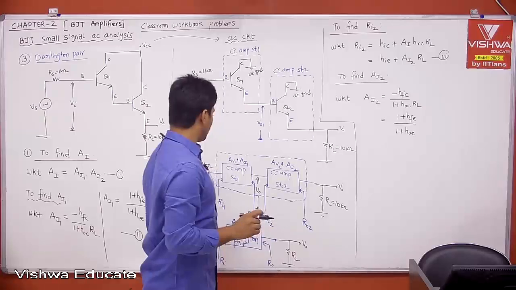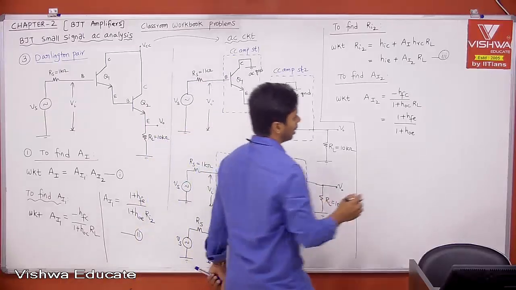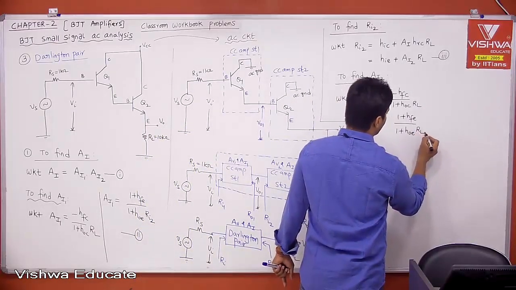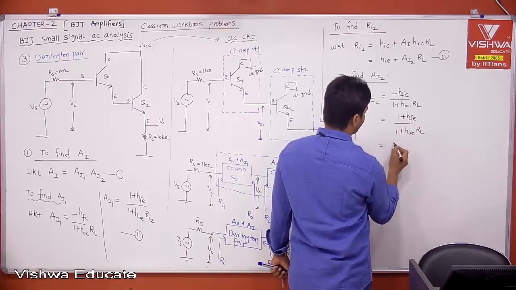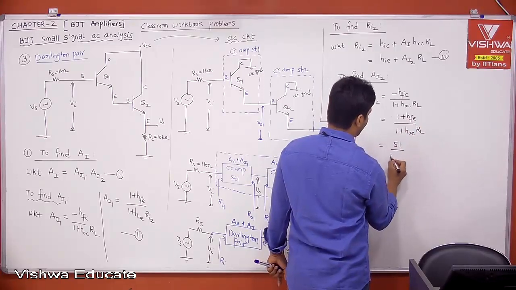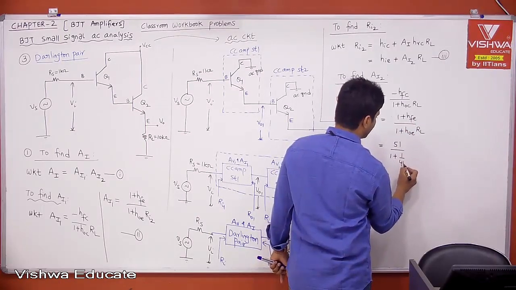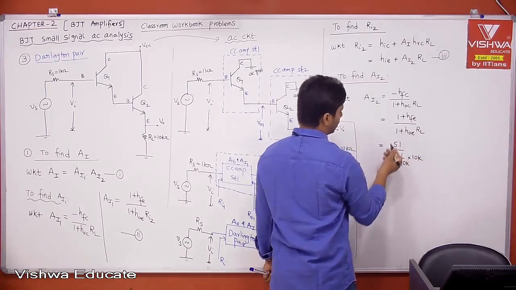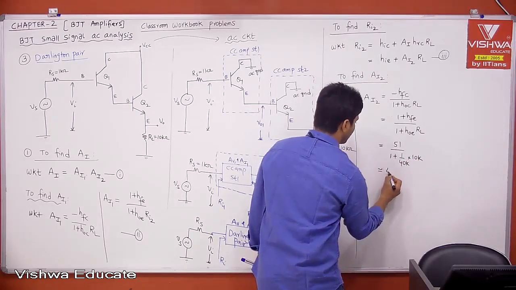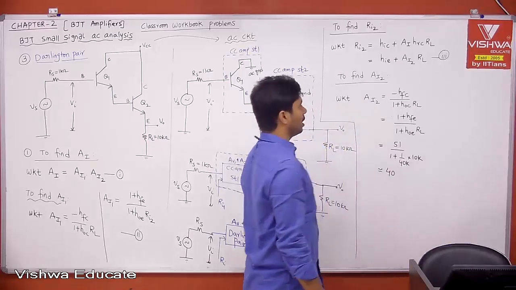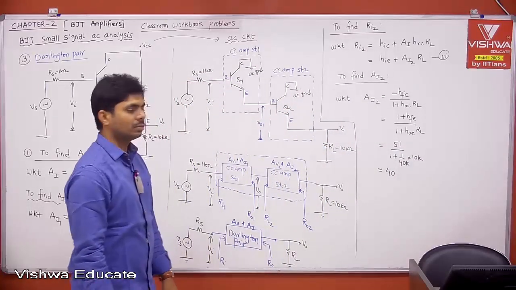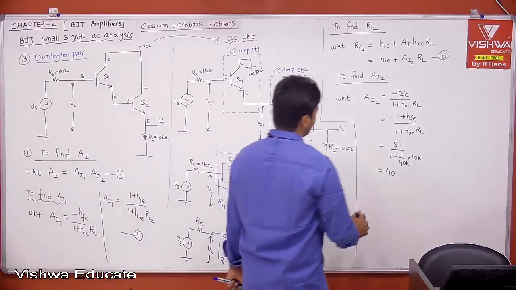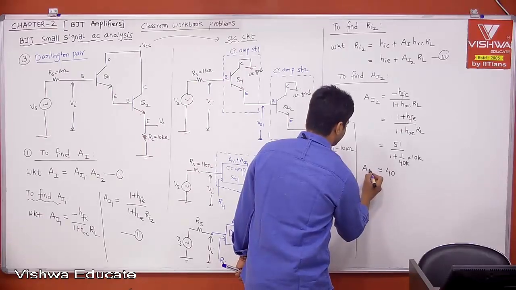For the second stage, what is RL? 10K, that is simply RL. Now if you substitute 1 plus HFE, 51, divided by 1 plus 1 by 40K into 10K, the K will be cancelled. This was already calculated, approximately equal to 40. Therefore, we got AI2.